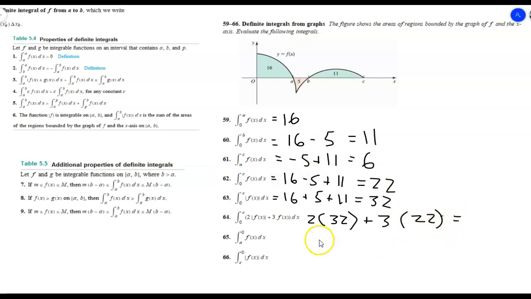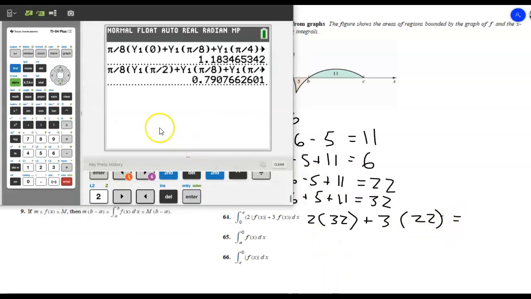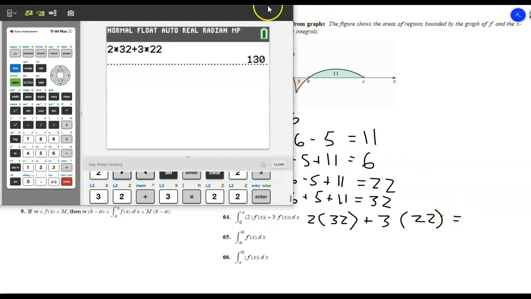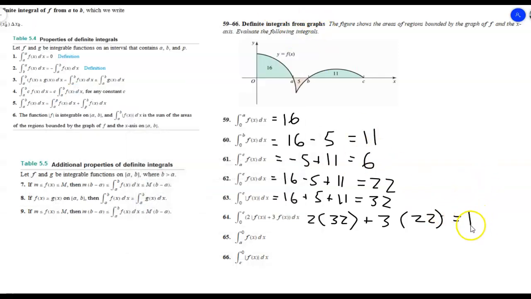Let's pull the calculator out here: 2 times 32 plus 3 times 22. And that is going to give us 130.